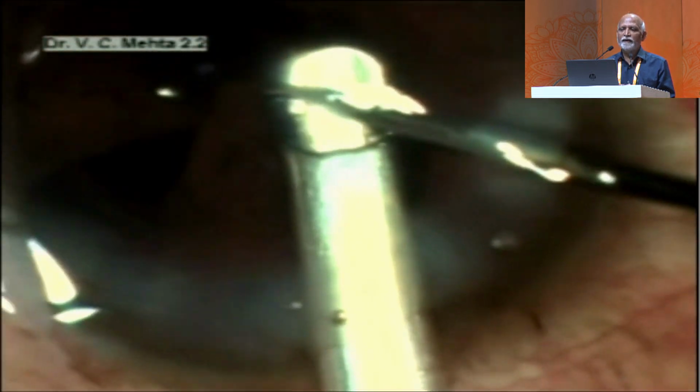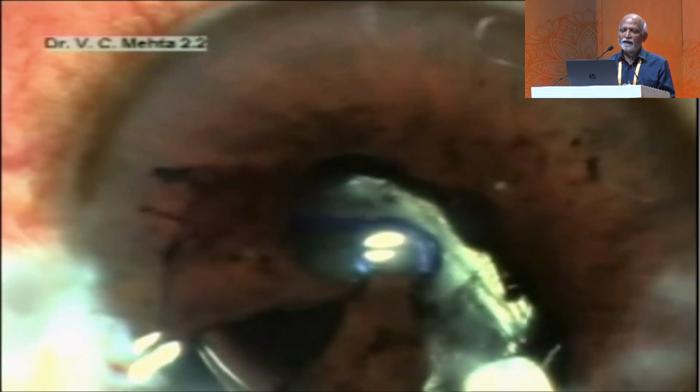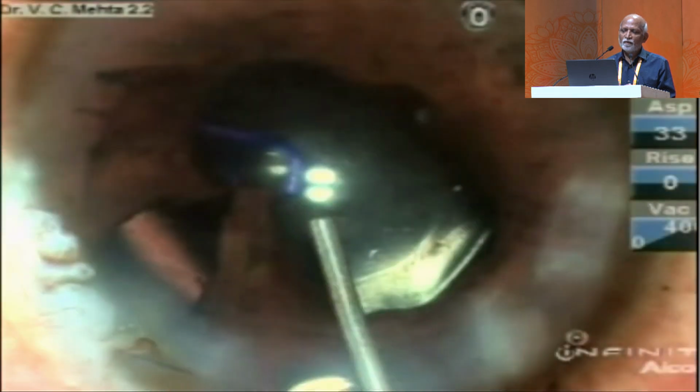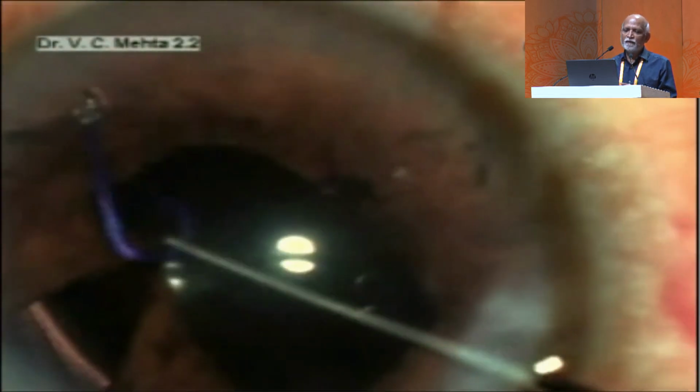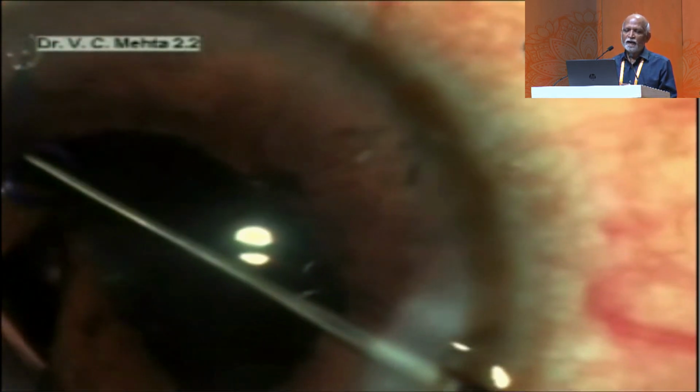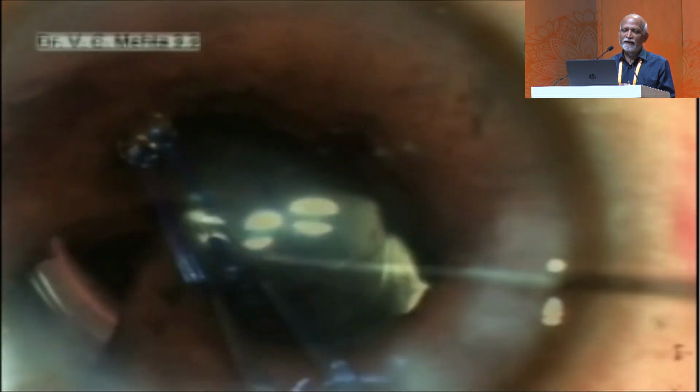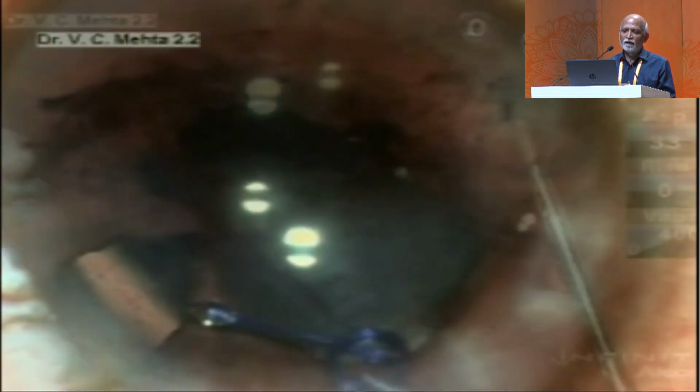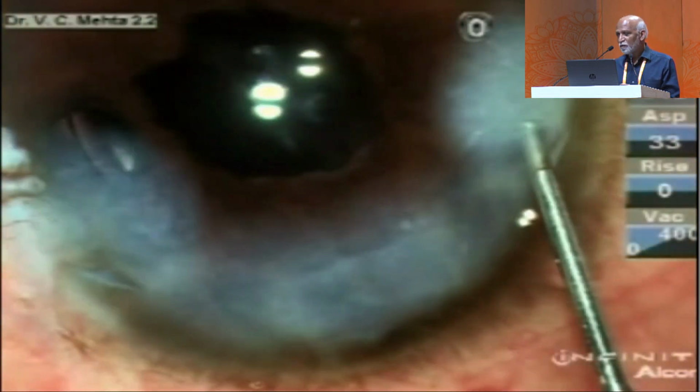So what I did was, with the scissor, I cut the ring, and then twirl out the hook that is engaged into the peripheral iridectomy, and then bring it out with the forceps. So you have to be very, very careful, and you have to be thinking on your feet when you get into trouble.